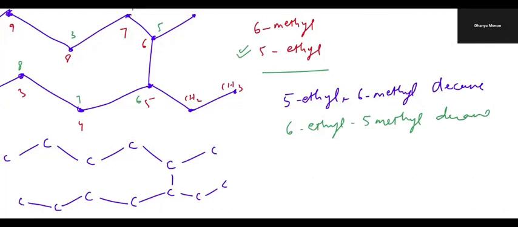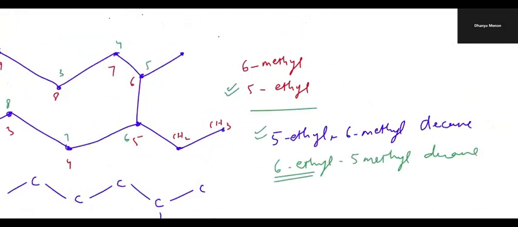Okay, so here ethyl is getting the bigger position. Here we are preferring the alphabetical order because the first point of difference is the same. According to the numbering, here we are getting 6 and 5, right?